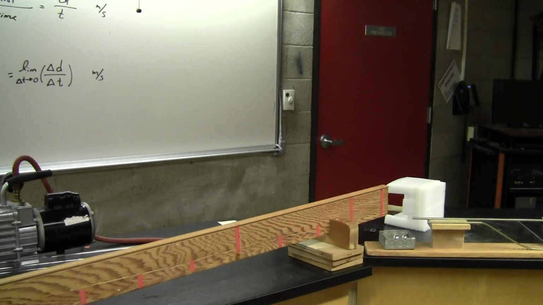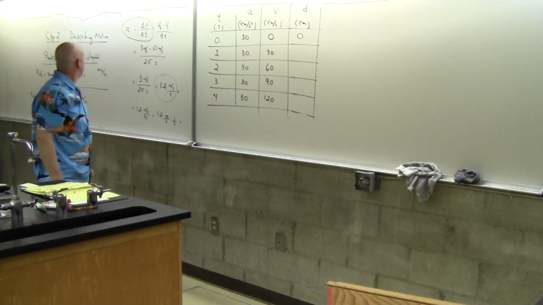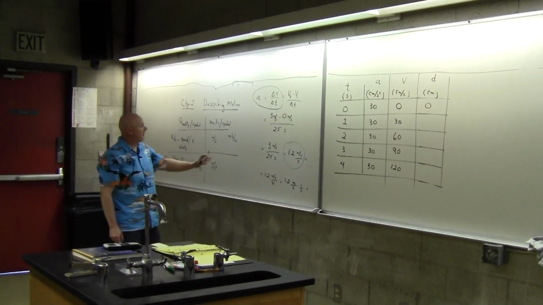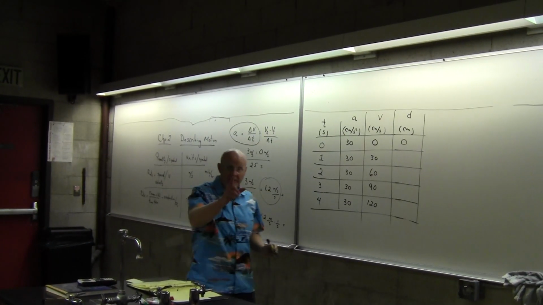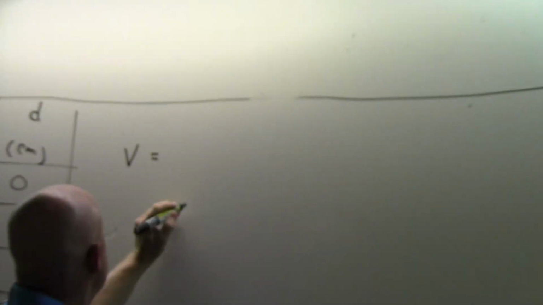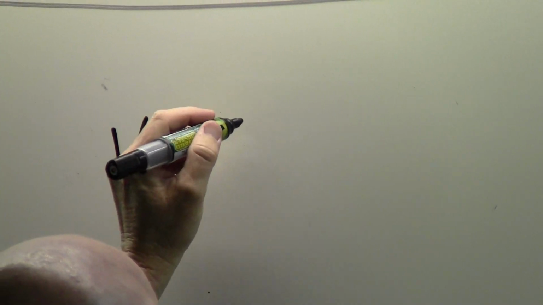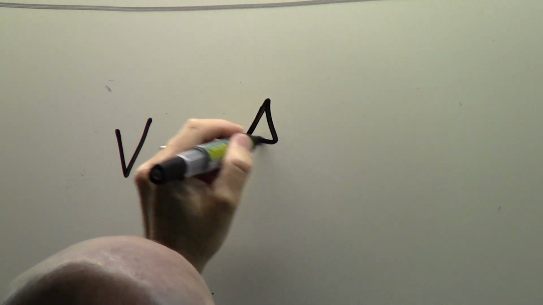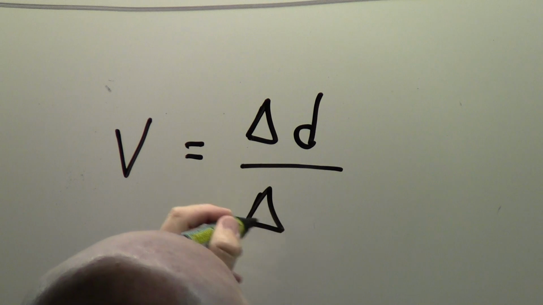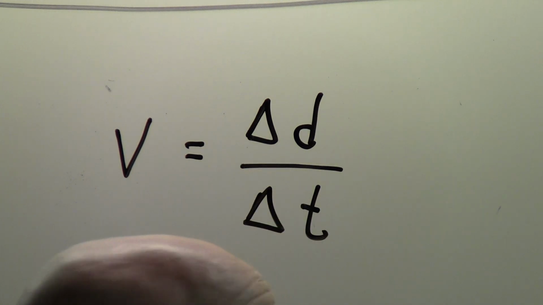Well, I set this up a long time ago, so I'll probably have to go back. But that other equation said this: velocity is equal to the change in the distance divided by time taken.